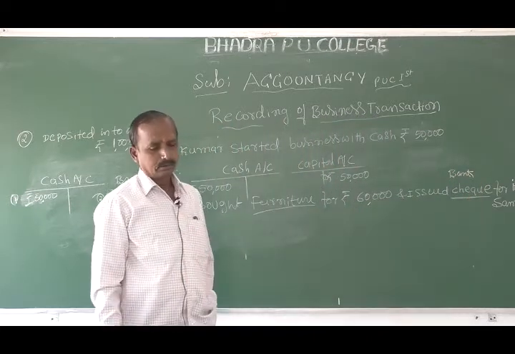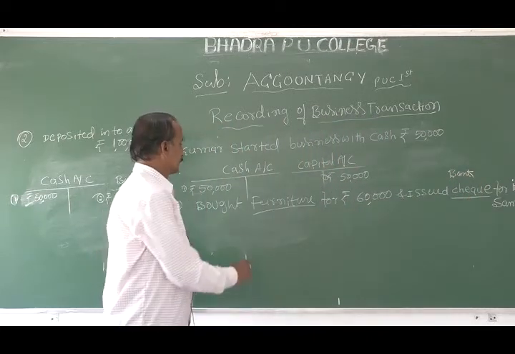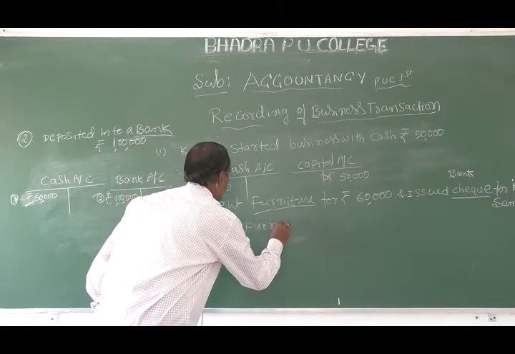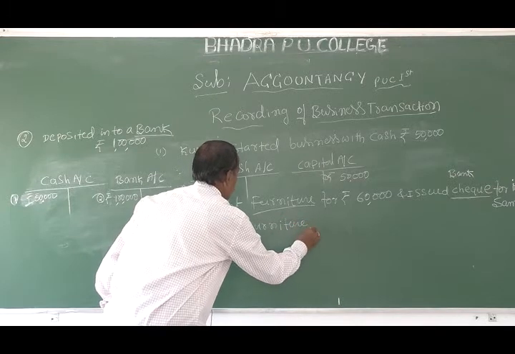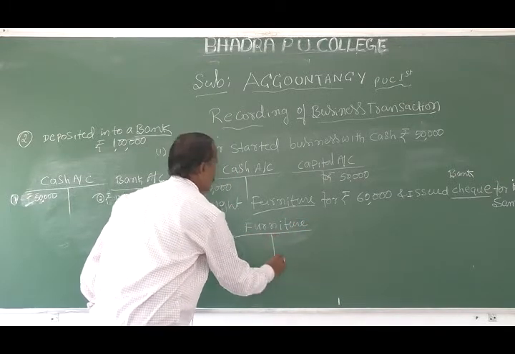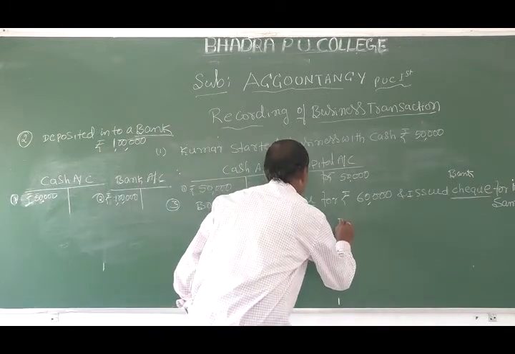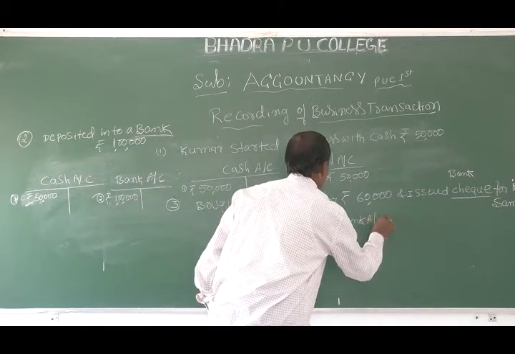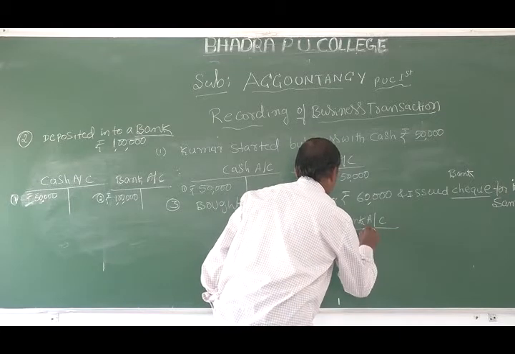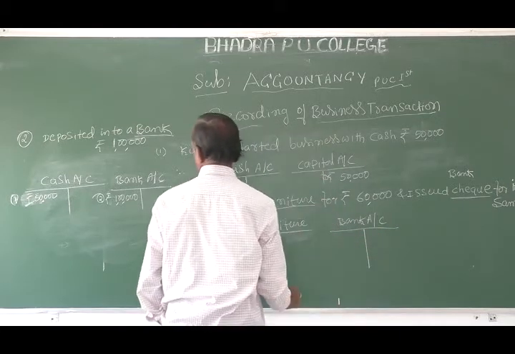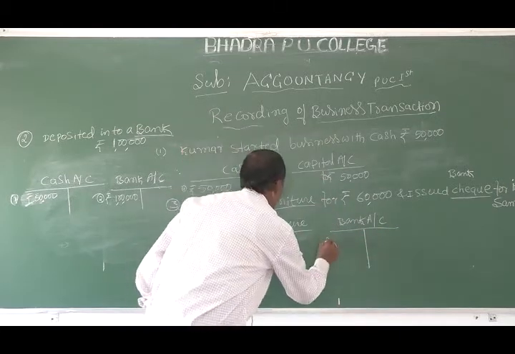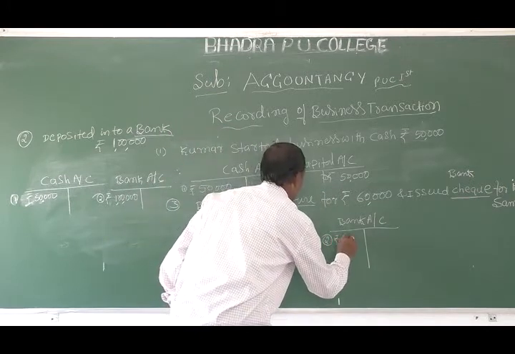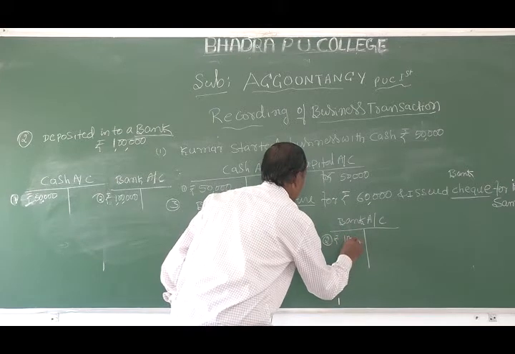So of the two accounts, one is furniture account. Furniture is an asset. Another one is bank account. Number 2, rupees 1 lakh, the previous amount.